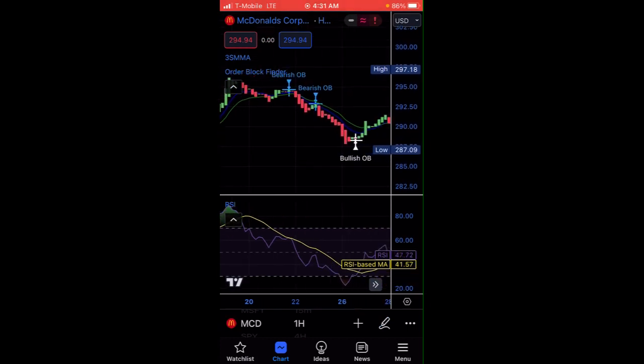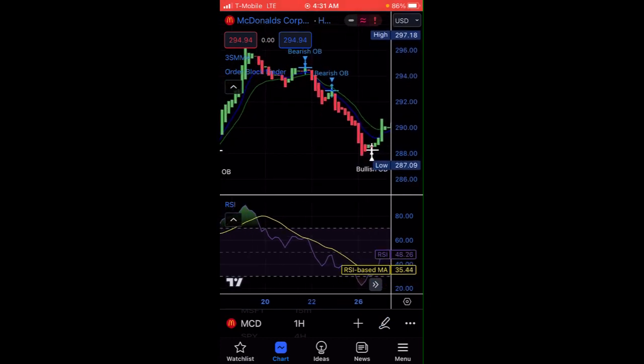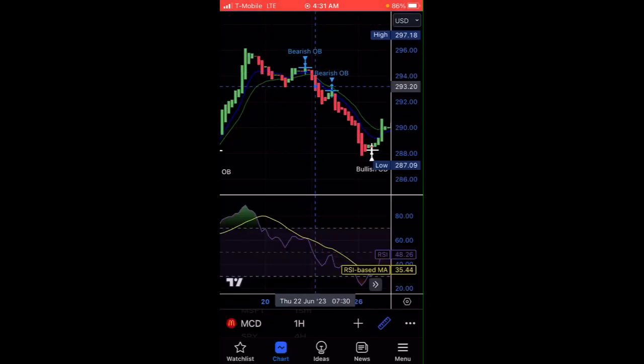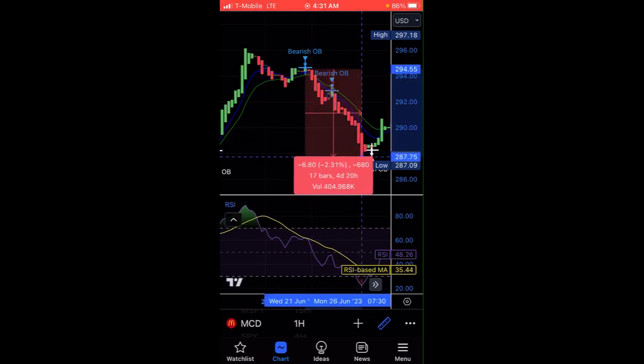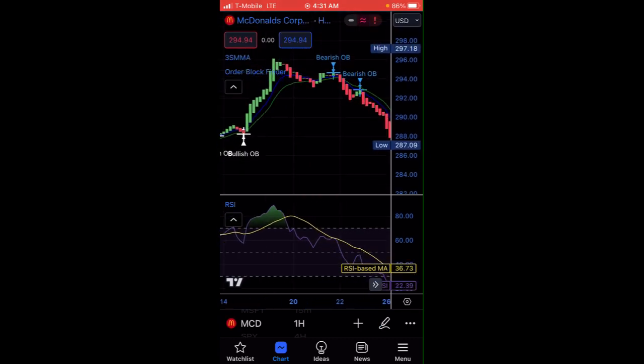And then it gives you a bearish signal right here. If we rode it down to the bottom, that would have been $672 in 4 days.